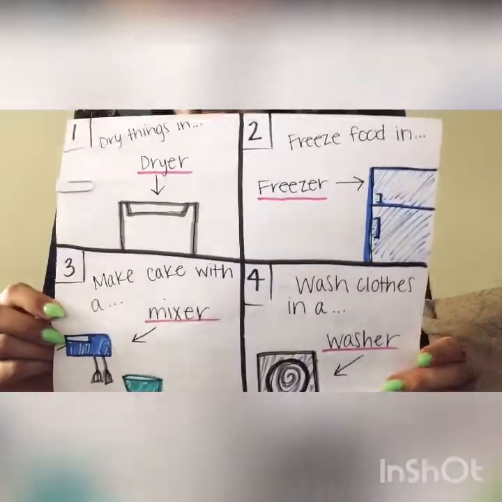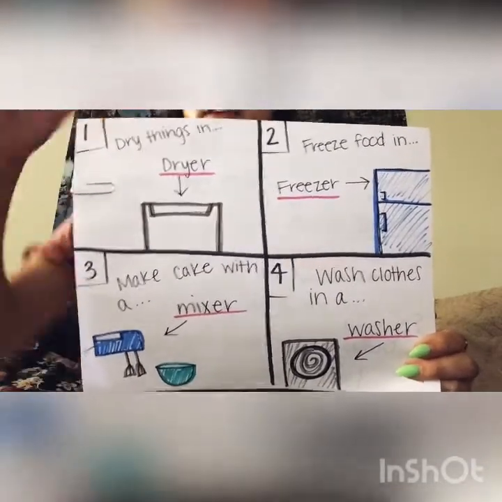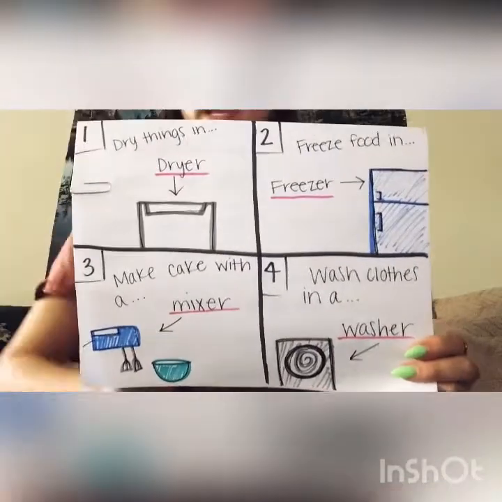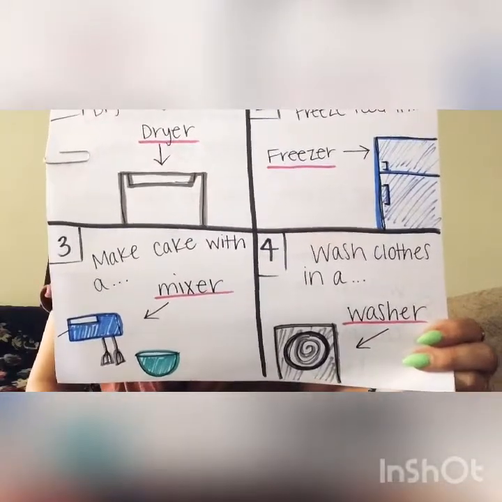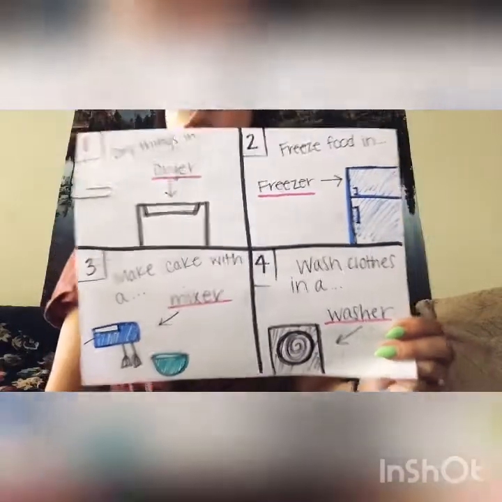My 4 main ideas that support the whole book are that you can dry things in a dryer, you can freeze food in a freezer, you can make cake with a mixer, and you can wash your clothes in a washer. Those are my 4 things that I pulled from that story to support the main idea. And after you've done that, you're completely done with your reading and your module for all of kindergarten. Can you believe it? That is crazy.